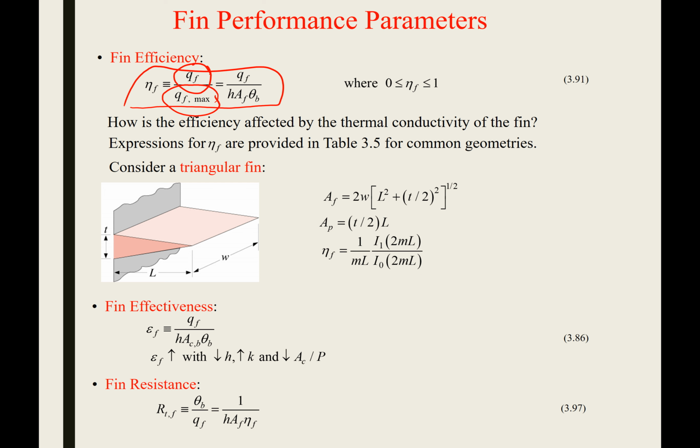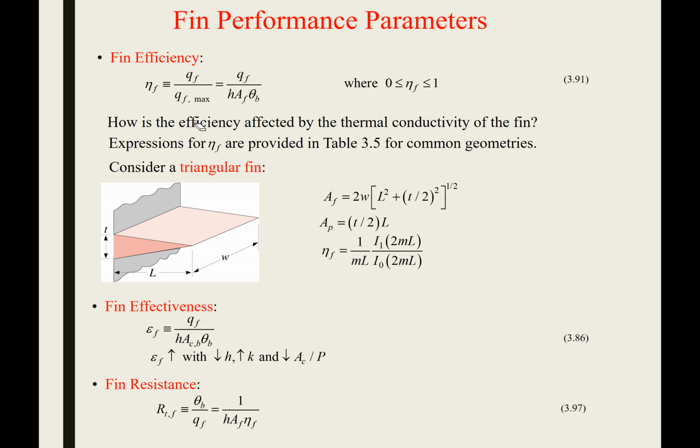The best you could possibly do in terms of having a perfectly efficient fin would be if your fin were a perfect conductor and the heat immediately propagated through it and then convected out to ambient. But that's not the case because having a material that is a perfect conductor is not possible.